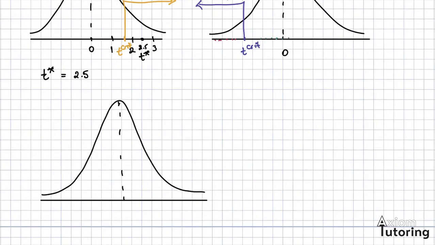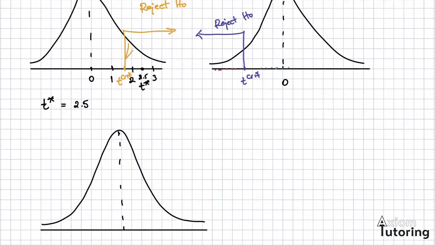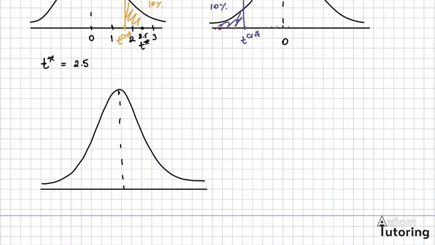For the two-tailed test, if this entire area here was 10% and this entire area here was 10%, where the alternative is simply beta different from 0, it means that if your significance level is still 10%, you are splitting the 10 in the two tails.